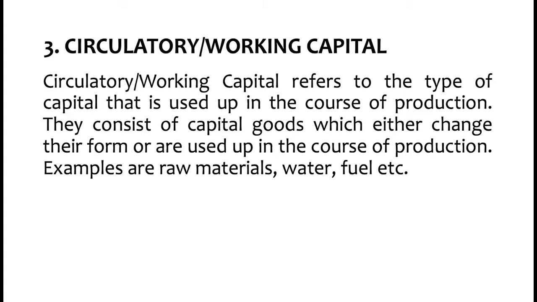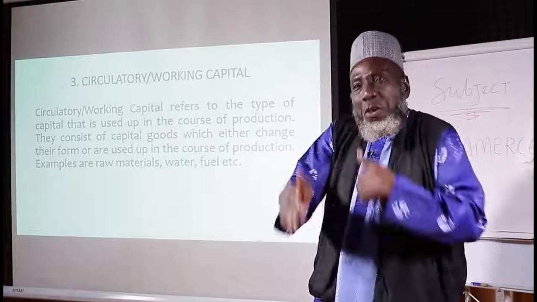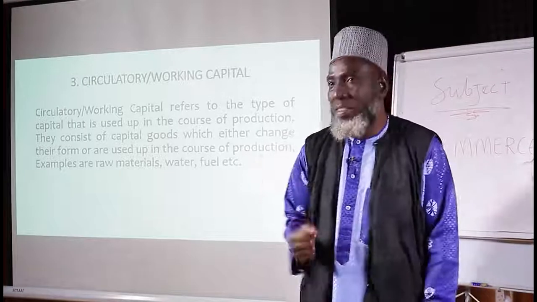And this refers to the type of capital that is used up in the course of production. They consist of capital goods which either change their form or are used up in the course of production, like raw materials.